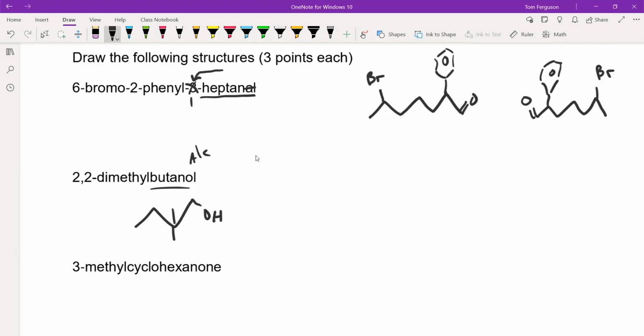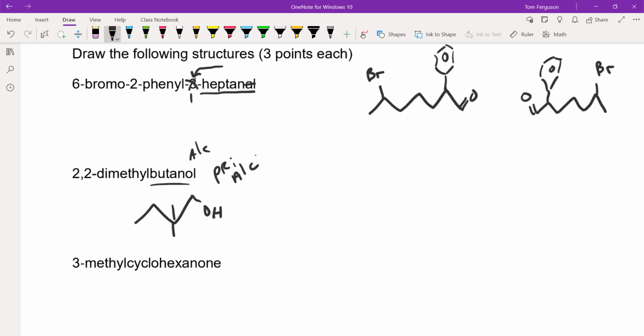But it doesn't really say where it is. So if I leave off a number, assume it's a 1. In other words, assume it's a primary alcohol.